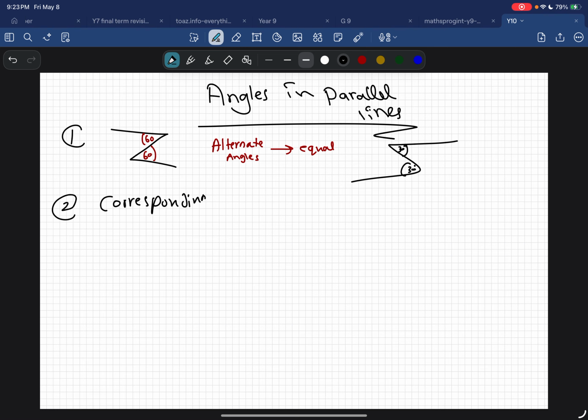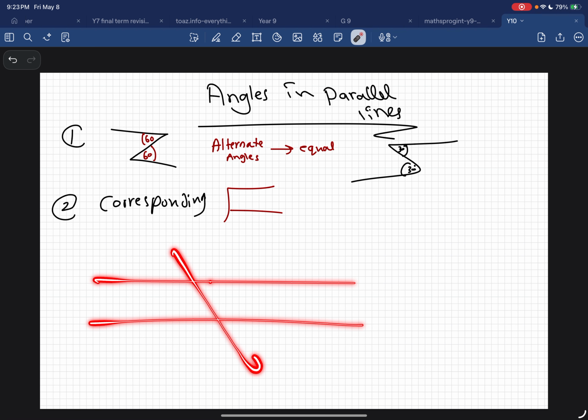Corresponding angles, we use the letter F to help us find them. So this letter F here. As I mentioned, these angles are in parallel lines, like this. If this angle equals this angle, then we apply the rule of alternate angles.